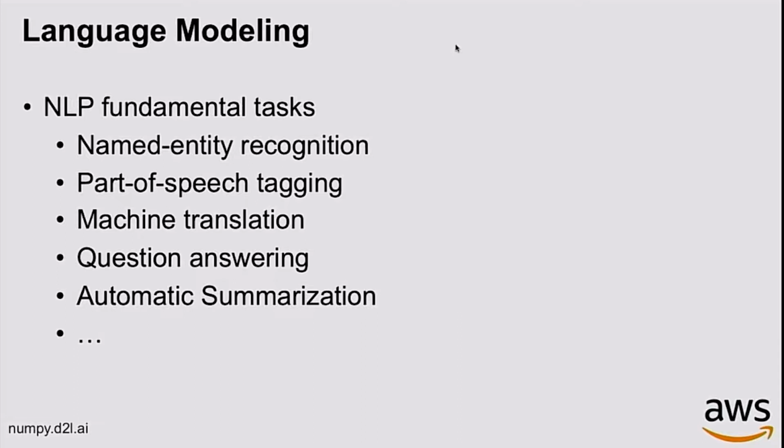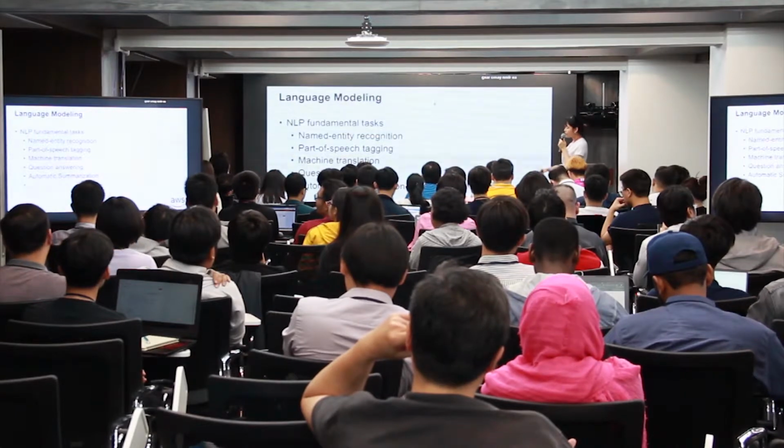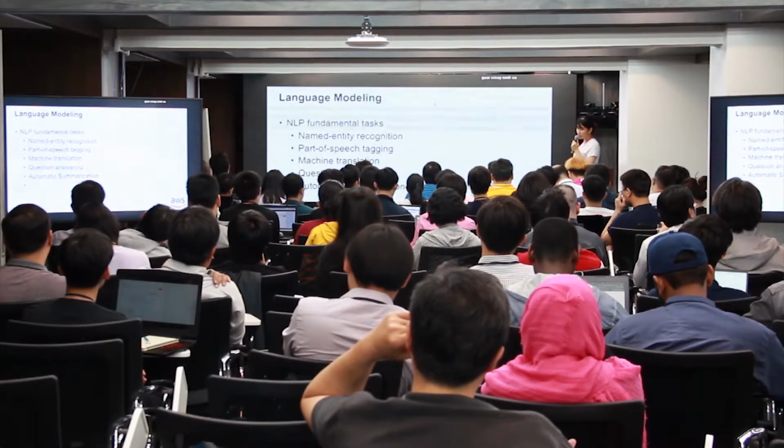The fundamental tasks for NLP include named entity recognition, where for a sentence you identify whether something is an object, an organization, a place, a location, etc. Also part of speech tagging, machine translation, question answering, and summarization, etc.